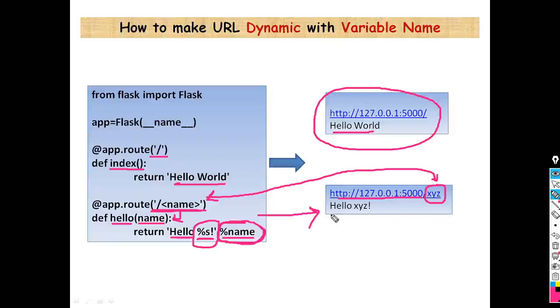So what does it return here? Hello xyz. Hello is the text. Here hello is there, and %s, s is specified for name. So it will give you xyz. So what does it return here? Hello xyz.